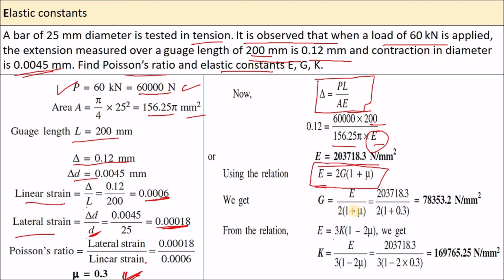Clear? Mu is here. Then we need to find K. We have a relationship between E and K: Young's modulus E equals 3K(1 minus 2 mu). From that we can find the K value. K is the bulk modulus and G is the shear modulus.